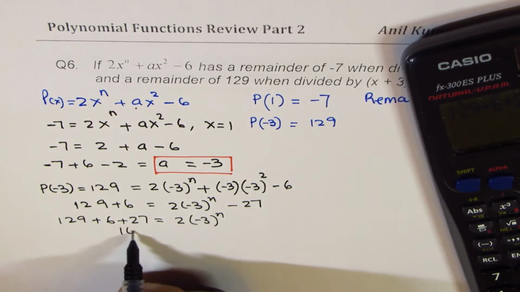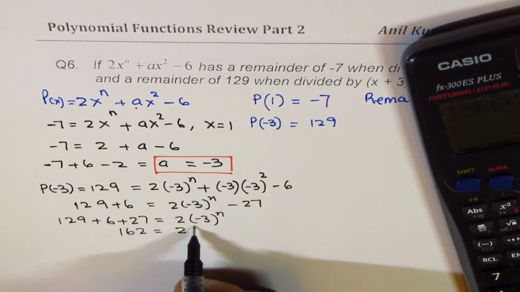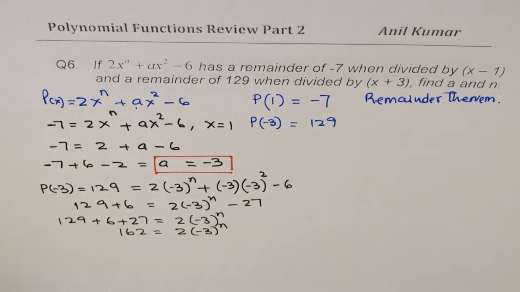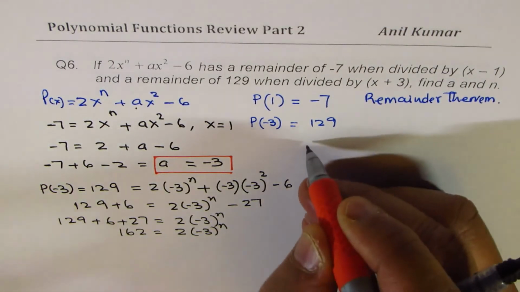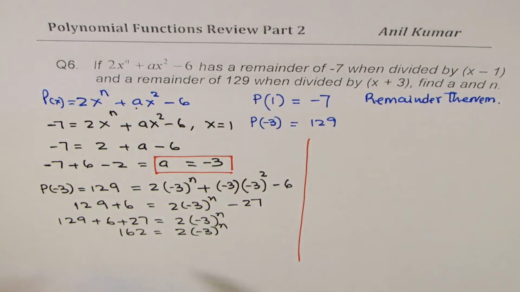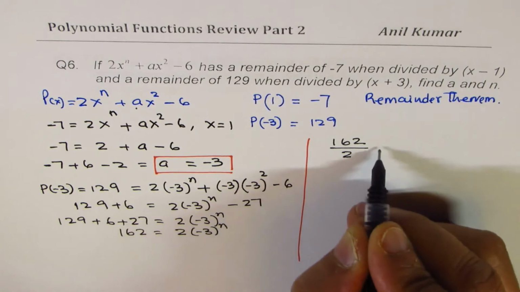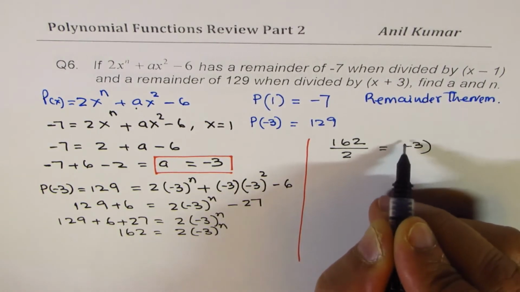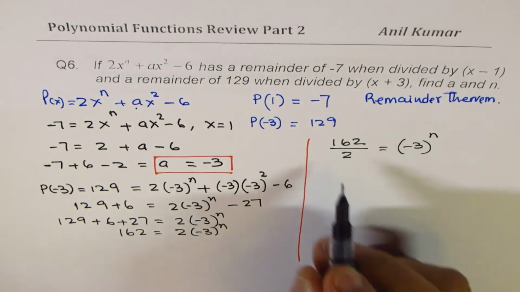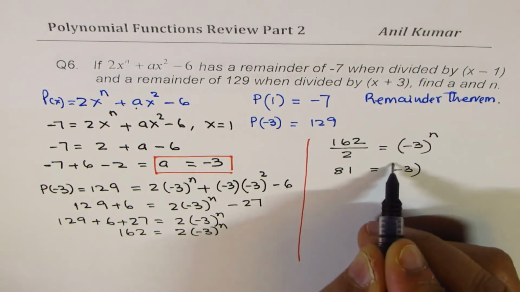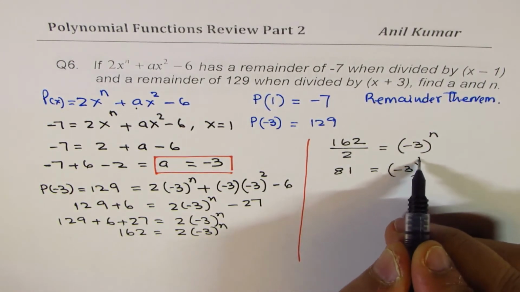So we get 162 equals to 2 times minus 3 to the power of n. So if I divide, let's take it to this side. So we get 162 divided by 2 equals to minus 3 to the power of n. Now that is 81 equals to minus 3 to the power of n.